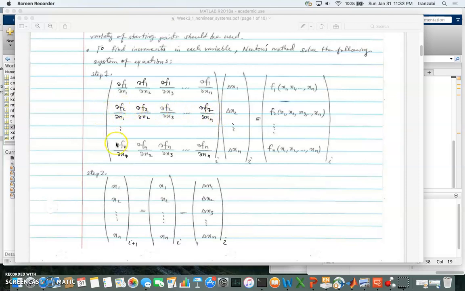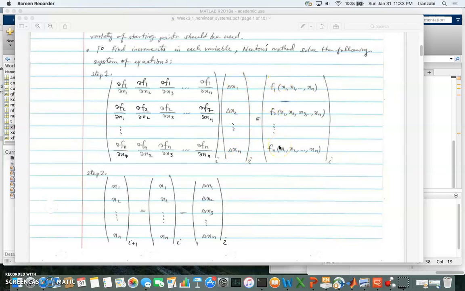You keep going like that, and the last equation will be the derivative of fn with respect to x1, with respect to x2, all the way to the derivative of fn with respect to xn. So we have this matrix, the Jacobian, times the change in x, x1, x2, all the way to xn, and that's equal to the f values.